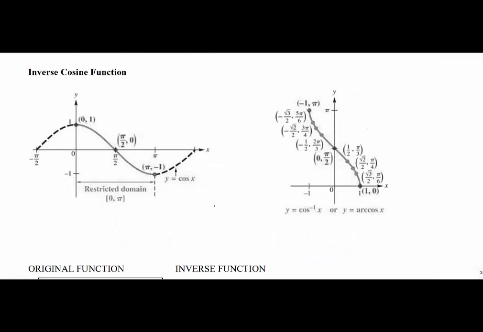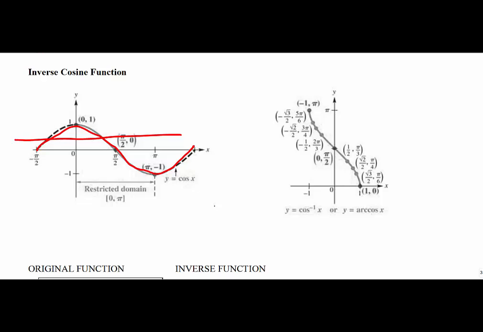The inverse cosine function is very similar to the idea of the inverse sine function. However, when we look at the cosine function, we said that the original function would have to be 1-to-1. And if I consider the entire cosine function, we have a problem very quickly: it is not 1-to-1.